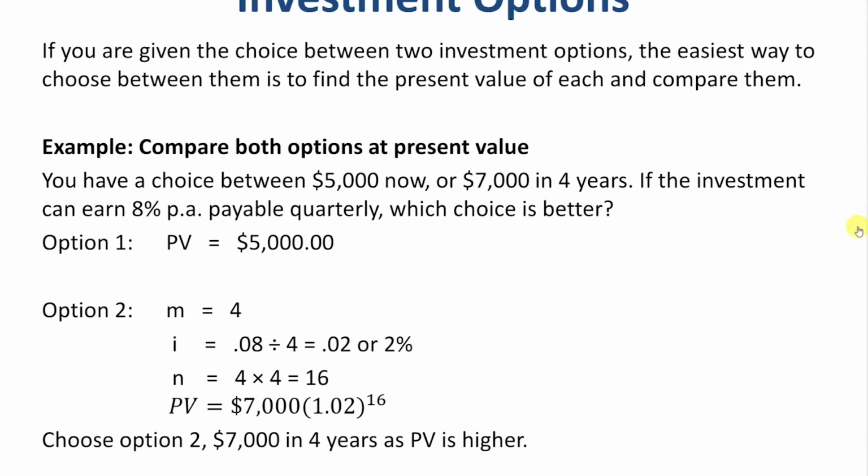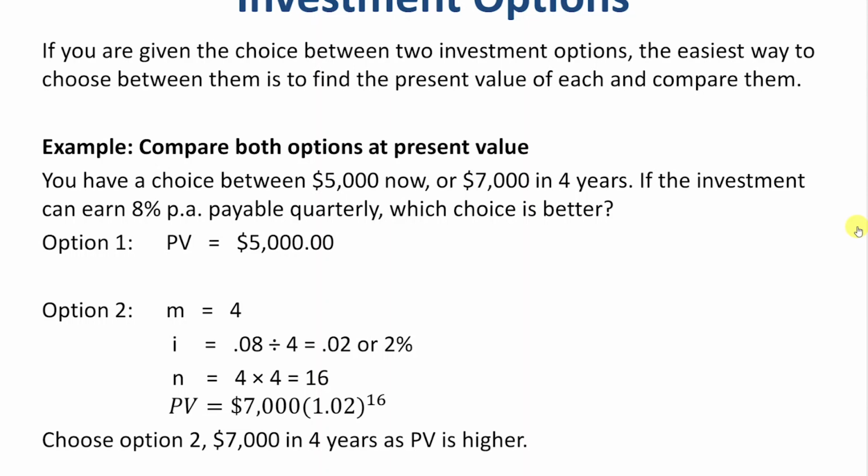You have the answer. We have the first option of $5,000 right now, or in 4 years' time, paid quarterly. So your number of years is 4. Your interest per quarter is 2%, which is the i. The number of periods of compounding is 4 times 4, 4 years times every quarter, so that's 16 periods.